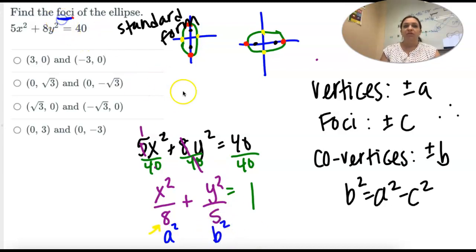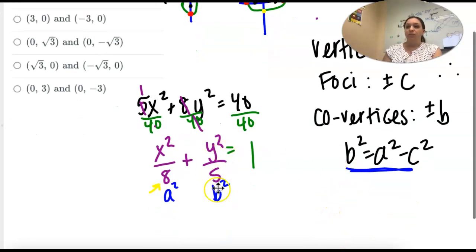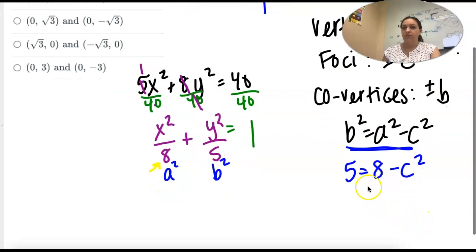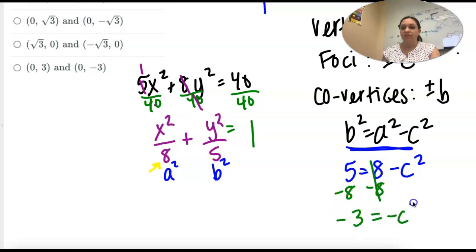So we need to find the foci, which is not anywhere in this equation. Okay, we have to solve for it using this. So b squared is 5, a squared is 8, and we need c squared. So I'm going to solve for c squared. Minus 8 minus 8. 5 minus 8 is -3.